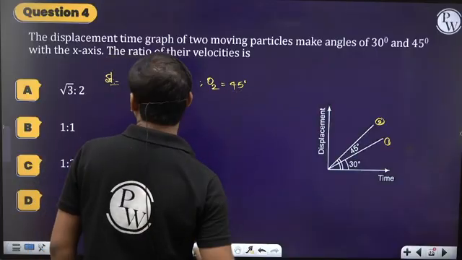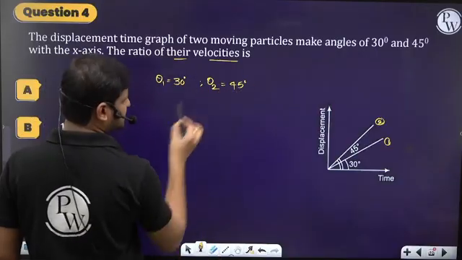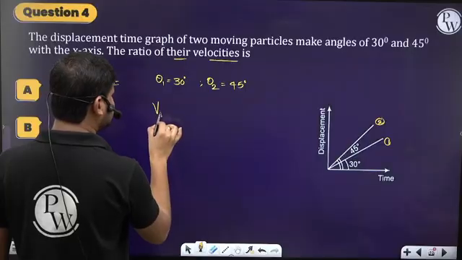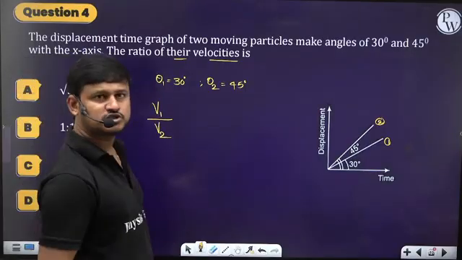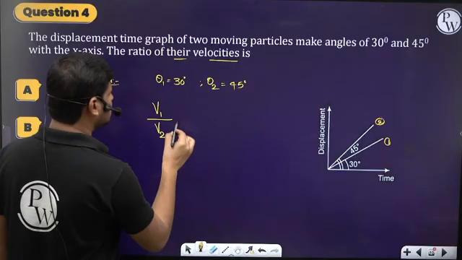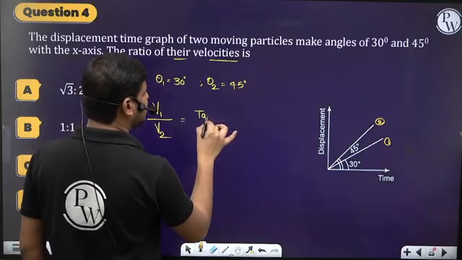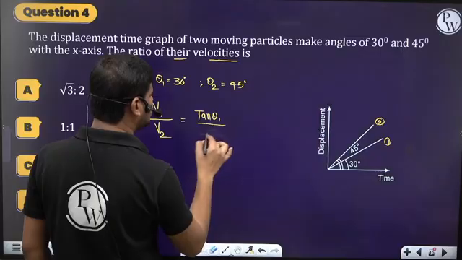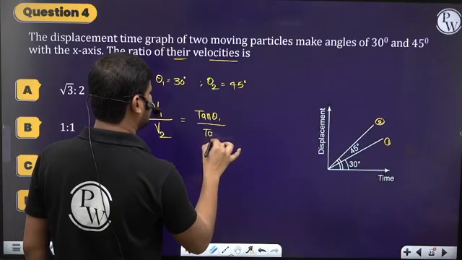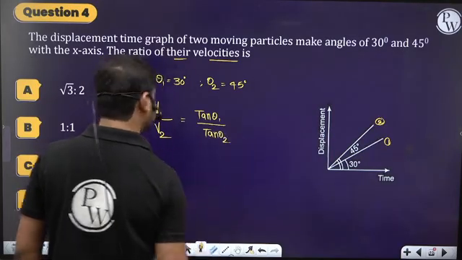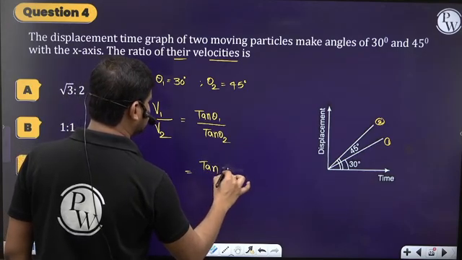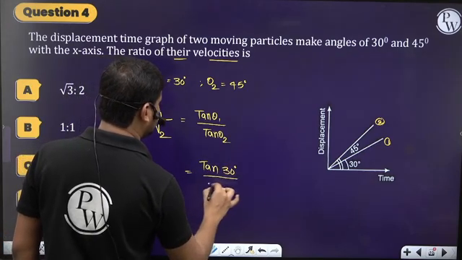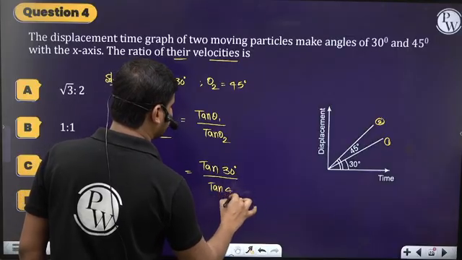What are they asking? The ratio of their velocities, v1 to v2. We know that velocity is directly proportional to tan theta. So simply we can write tan theta 1 by tan theta 2, which is tan 30 by tan 45.